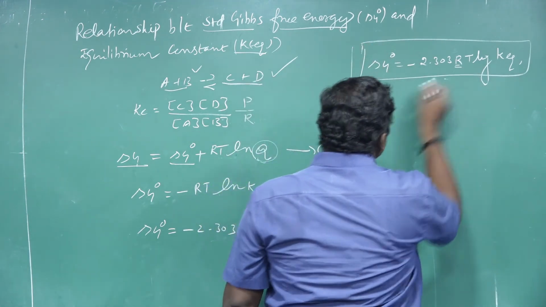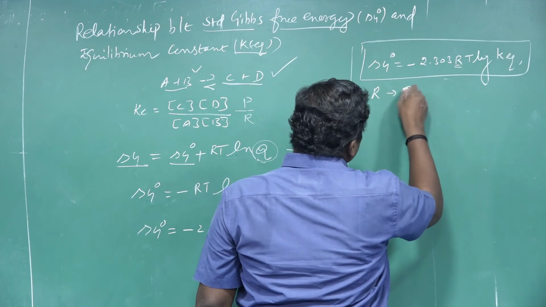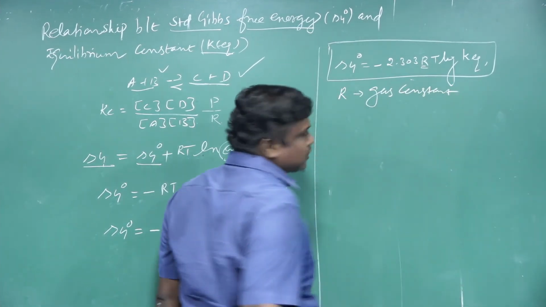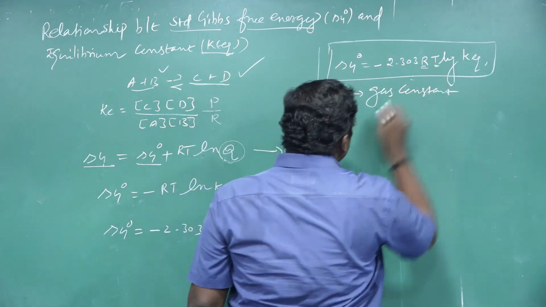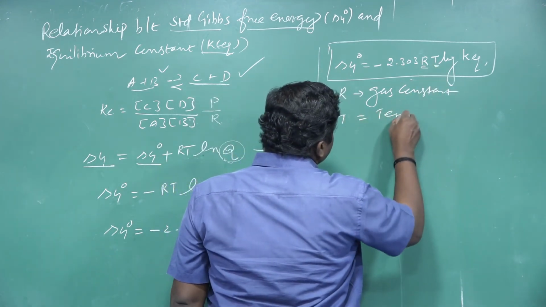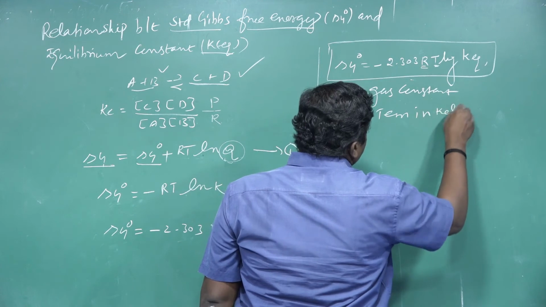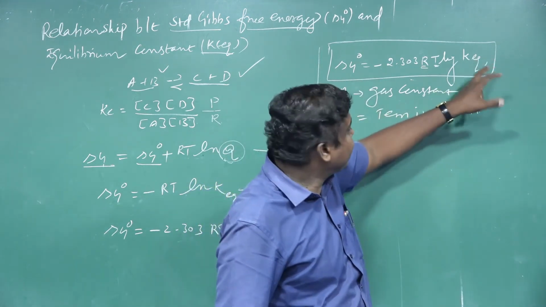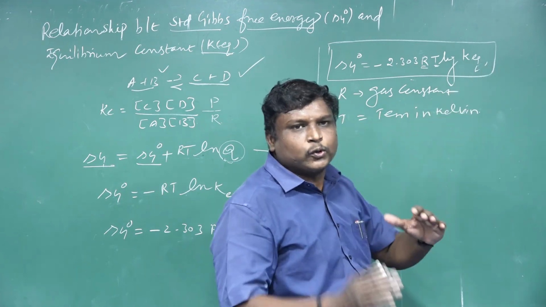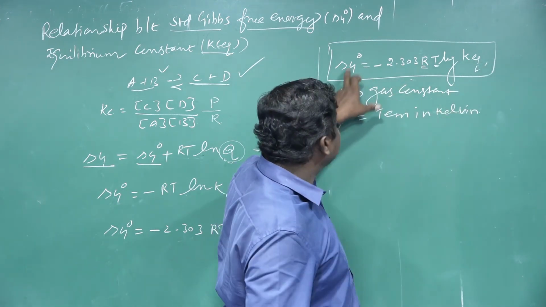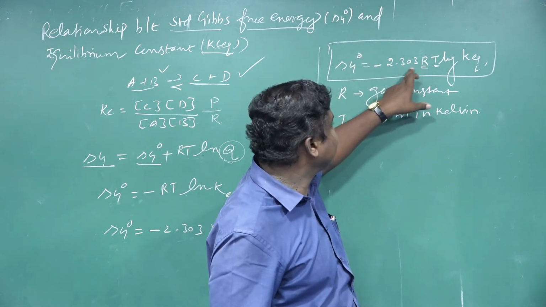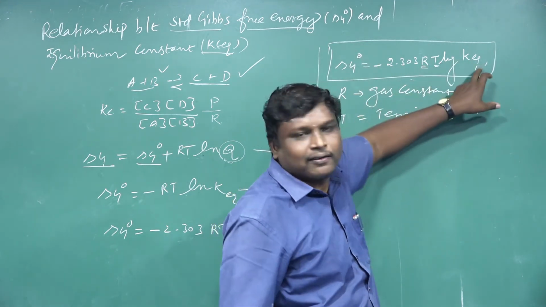Here R is known as the gas constant, and T is the temperature in Kelvin. So we can calculate del G naught, the standard Gibbs free energy, equal to minus 2.303 RT log K equilibrium.